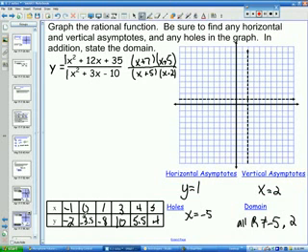Okay, so let's graph these. So negative 1, negative 2, 0, negative 3.5, and 1, negative 8. And then I'm going to hold off on graphing this just a little bit here.